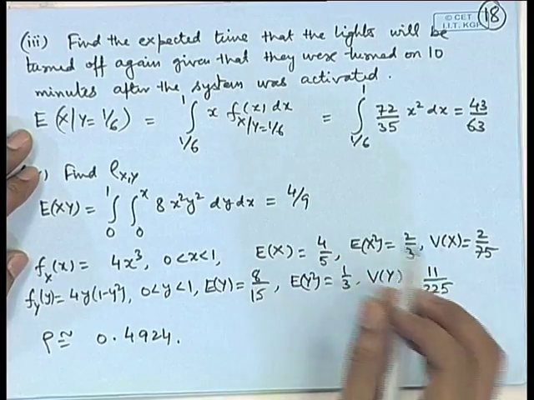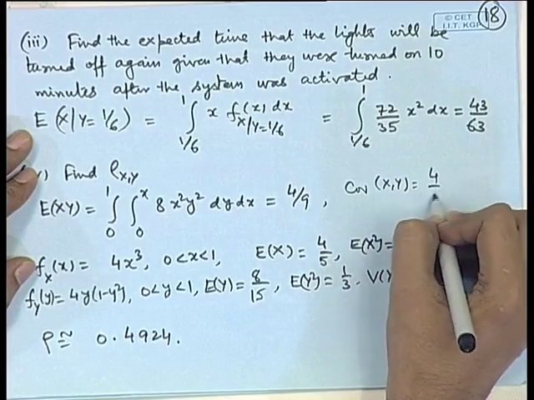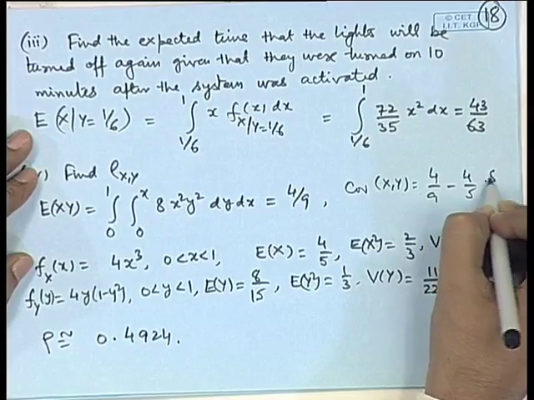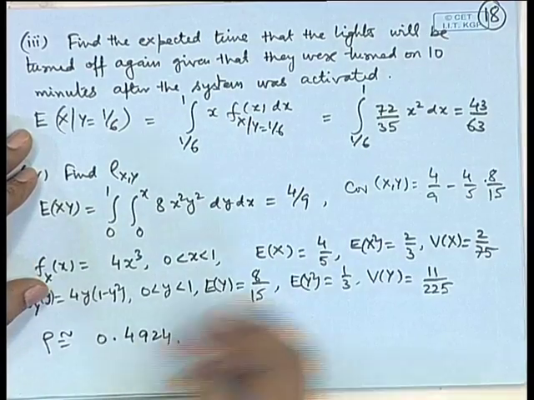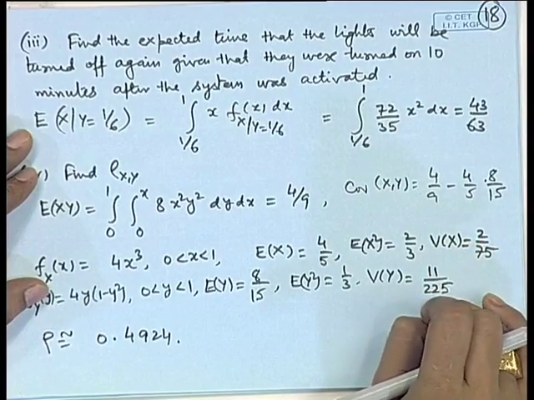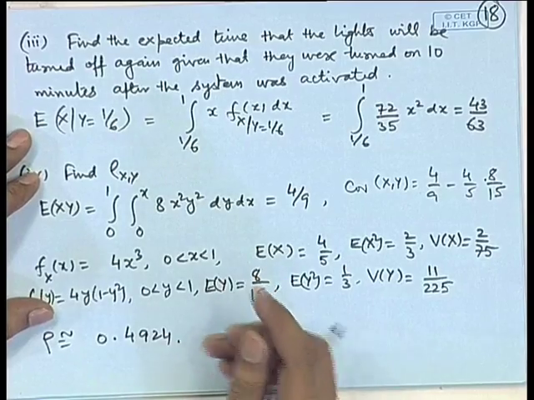Therefore, we can find the covariance between x and y as 4 by 9 minus 4 by 5 into 8 by 15, and the correlation turns out to be this divided by the square root of the variances of x and y, which is 0.49 approximately, that is nearly half. So, in this particular problem, the timings of switching on and off of the lights have correlation nearly half.